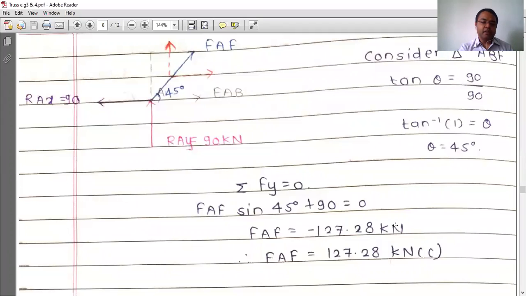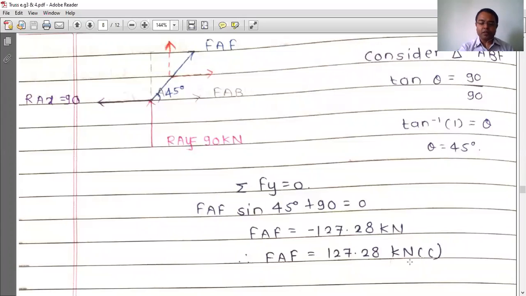You can write in this bracket: first of all, we assumed it as tensile, so make the answer positive and write the opposite of tension, that is compression. The final answer for the force in member AF is 127.28, and it is of compressive nature.